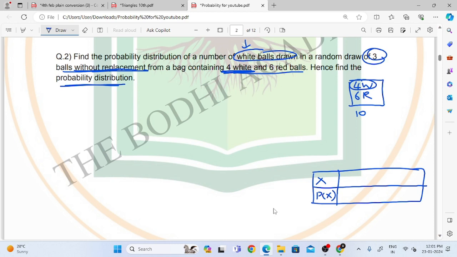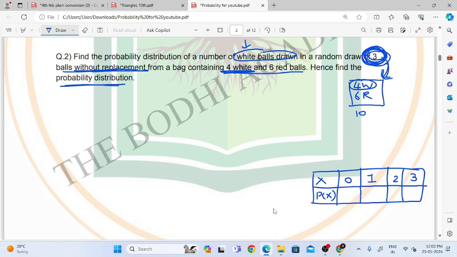So what are the chances of getting white balls? We can get 0 white balls, meaning we select any 3 balls from this bag and all are red. What is the other chance? We will get 1 white ball, and we will get 2 white balls, and maximum we can get 3 white balls, because maximum we select any 3 from this bag.